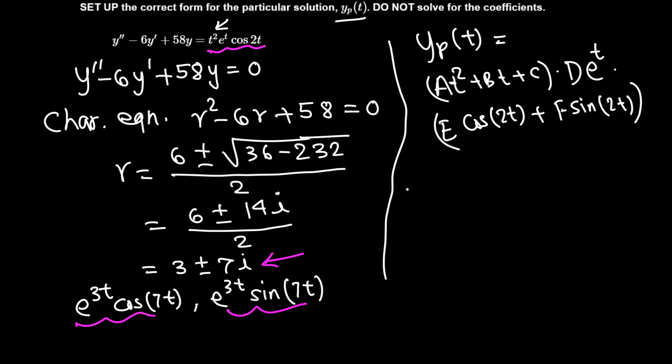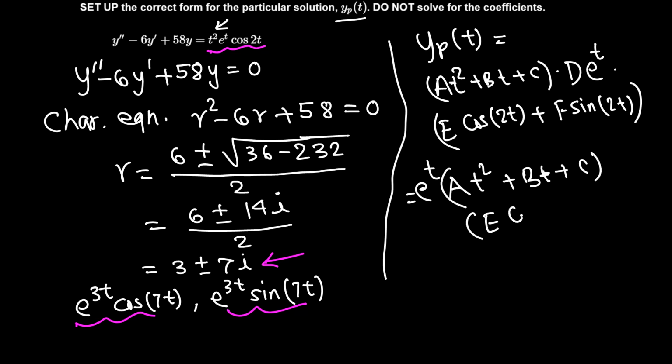Now we can rename a times d as just a, so at squared e to the t, and I'm going to write e to the t in the front. So e to the t in the front, at squared, b times d is just another constant, we can rename b, plus c, times e cosine 2t plus f sine 2t.